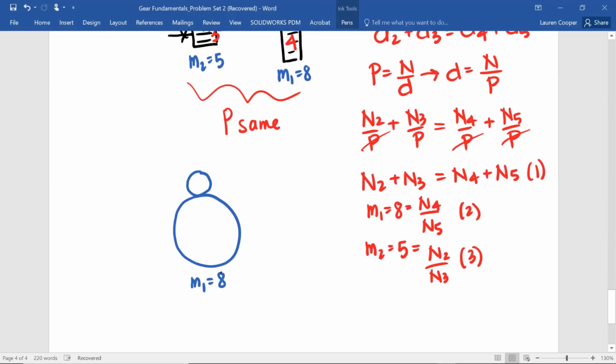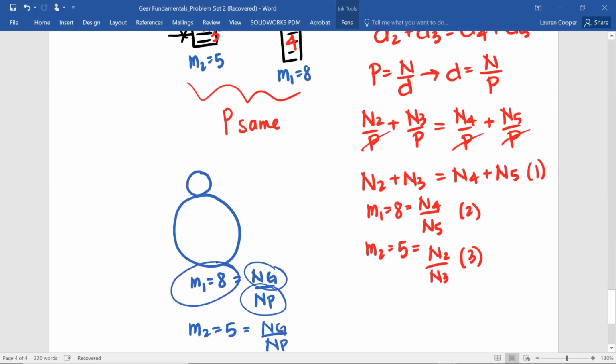So we want to make the pinion as small as possible here because we have this higher M to achieve. So number of gear teeth over number of pinion teeth. So if we make the number of pinion teeth as small as we can, it's going to allow us to make the number of gear teeth as small as we can. So that's a limiting case as compared to M equals 5.